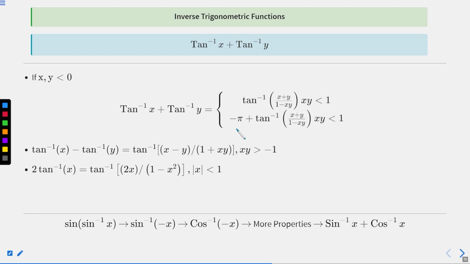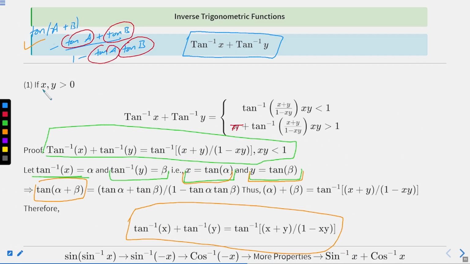Sorry, let me go through it again. In the previous case, x and y are both positive, and the product is less than 1, then you will get this. You can only apply this formula when the product is smaller than 1 and individually x and y are positive numbers.